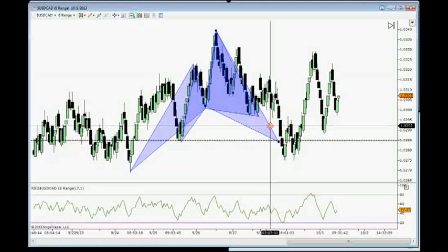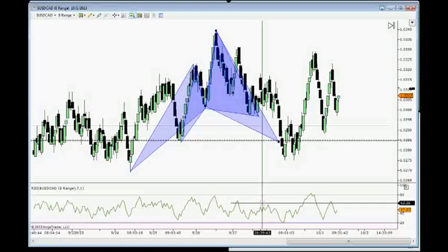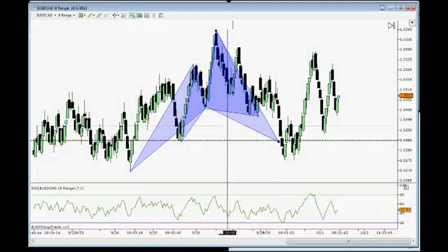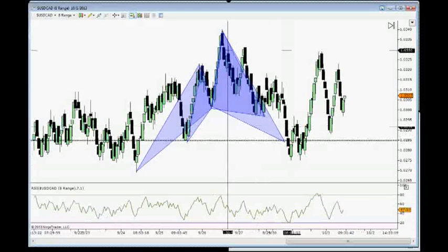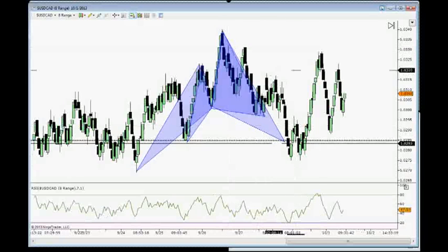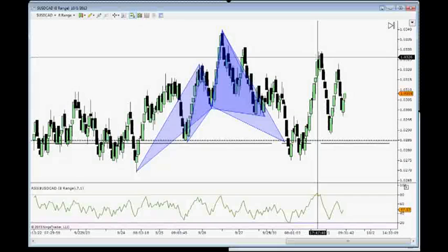We're basically looking for high probability setups using some very simple structure and Fibonacci retracements. A couple of Fibonacci levels is all we're looking at. And we can create these beautiful patterns that make it very, very easy to see exactly what's happening. And in this particular case, a couple of very nice winners here on Canada on the 8 range chart.